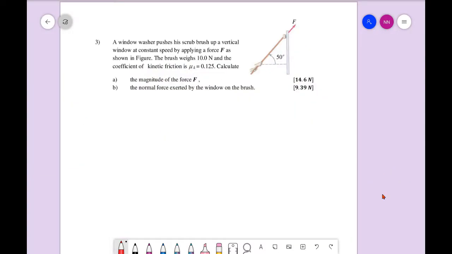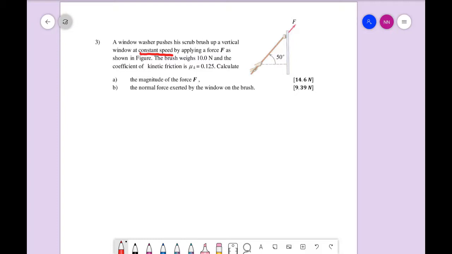Question number 3. A window washer pushes his scrub brush up a vertical window at constant speed. The keyword here is constant speed. That means we have to apply net force X equals 0 and net force Y equals 0.